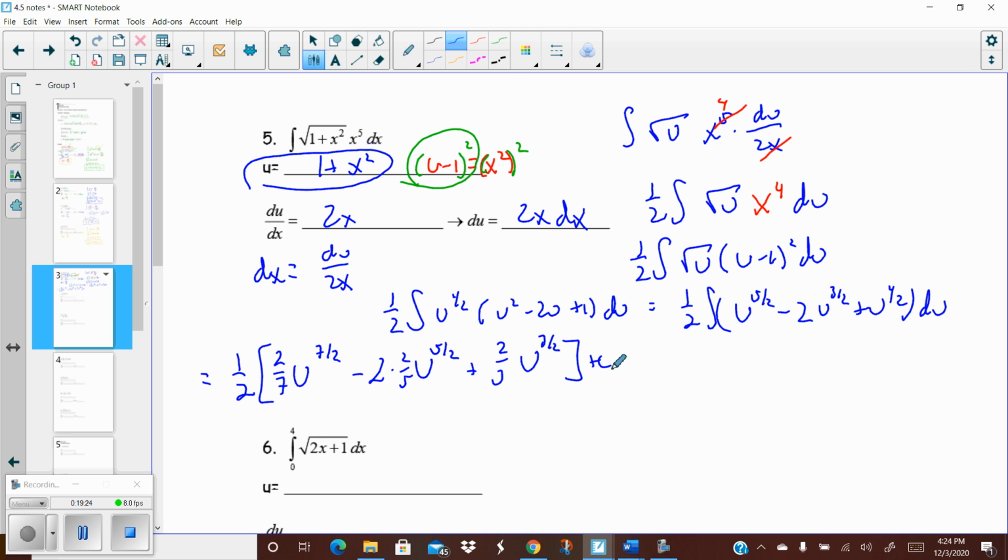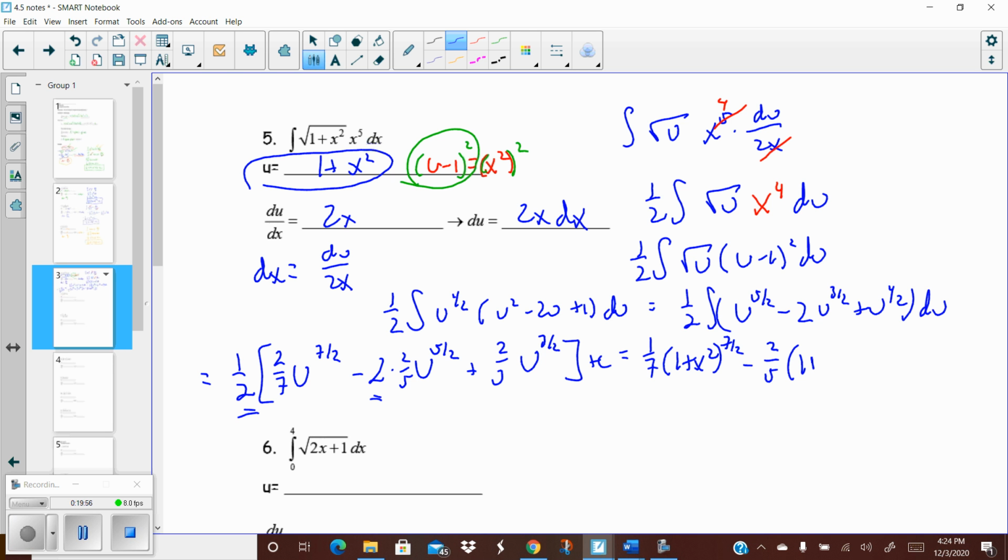Last step, we didn't start off with u, we started off in terms of x, so we can simplify. So I am going to distribute the 1/2 to everything, and I'm going to replace the u's. So 1/2 times 2/7 is 1/7. Replacing the u with 1 plus x squared, now to the 7/2 power, minus 1/2 times this 2 becomes 1, so that leaves me with a 2/5.